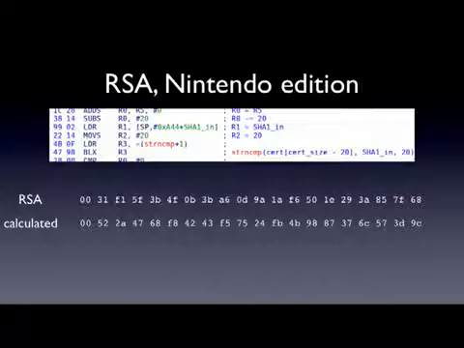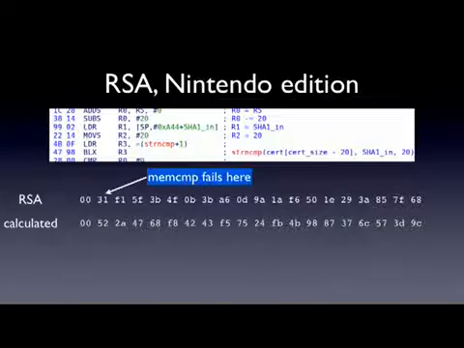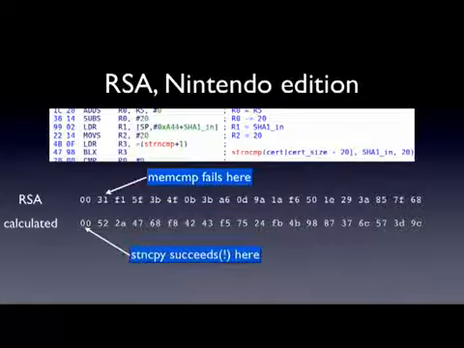Now, if they had been using memory compare, it would fail at the second byte, because the second bytes are different. But some engineer apparently wanted to optimize the whole process a bit and decided to use a string copy function instead. Now, string copy functions stop if they see a 0 byte. And so if you just brute force the hashes well enough so that the first byte happens to be a 0 byte, you can create signatures that seem to be completely legitimate to the console.